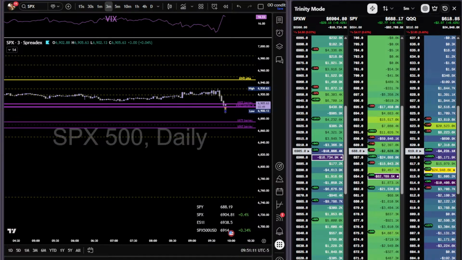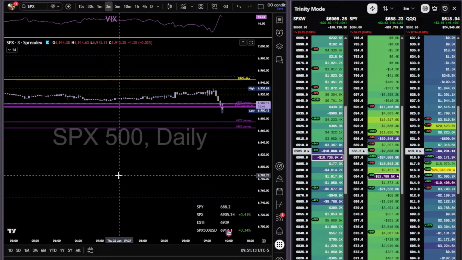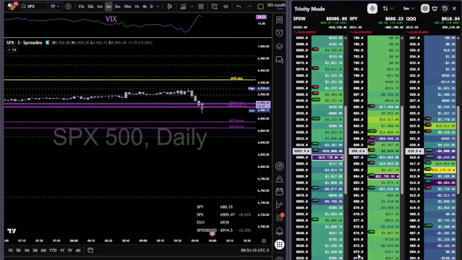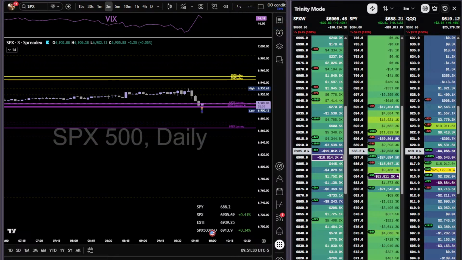Looks like we got a reversal indicator as well. Alright, there we go. Let's bounce it, baby.